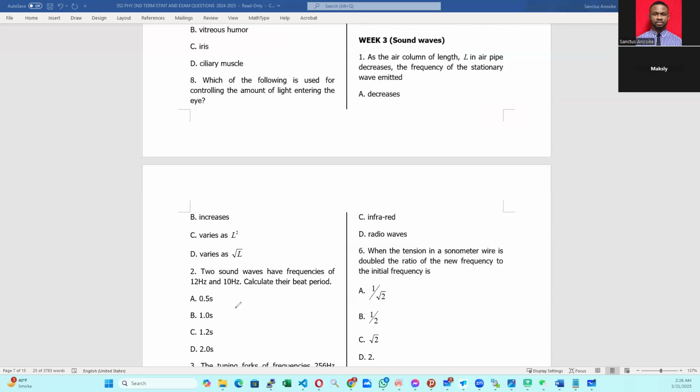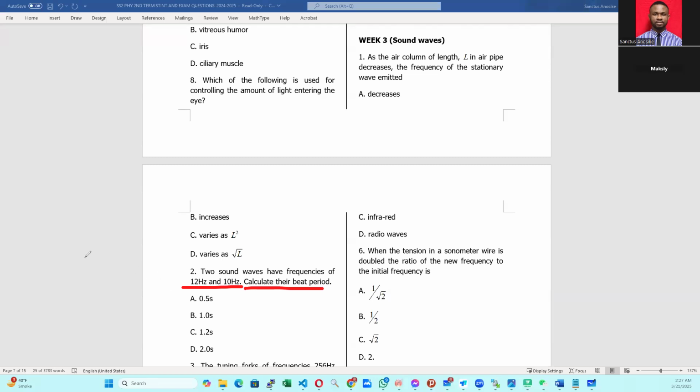Now, the last question, we will solve. The beat period. You see the difference. Beats are two sounds that sound at very close frequencies. They are called beats. So what's the beat period?